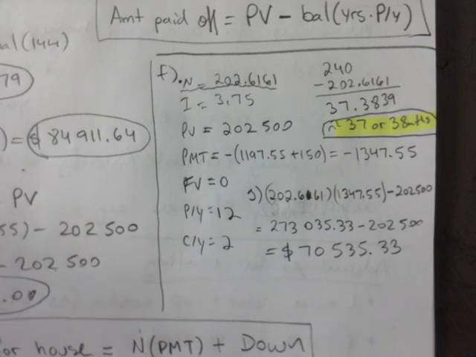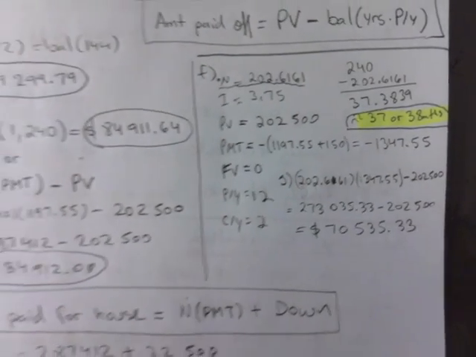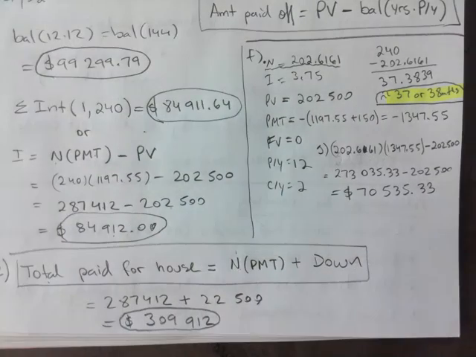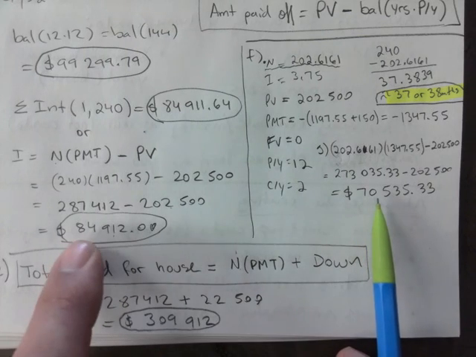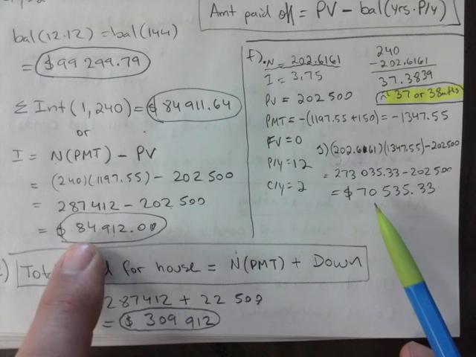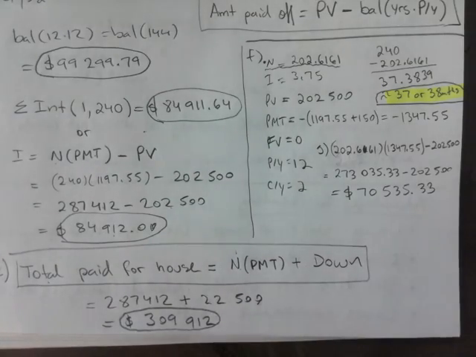How much interest did you pay before? Somebody give me that number to read it out loud. What's the interest I paid before under the previous setup? 84. Right? And now 70. So how much money is in your pocket? Like, how much did you save? About $14,000. So I'm going to give this a highlighter here.